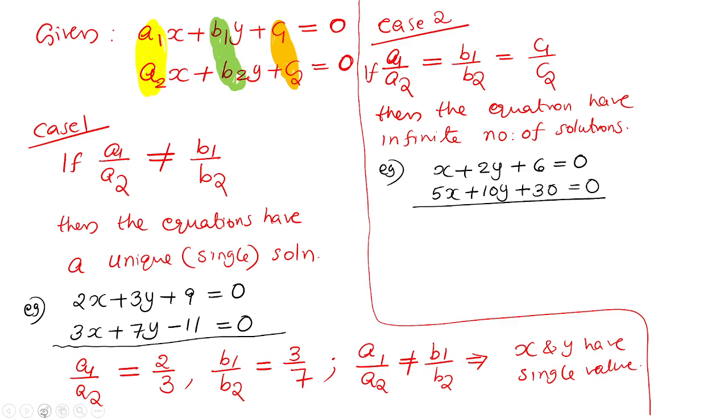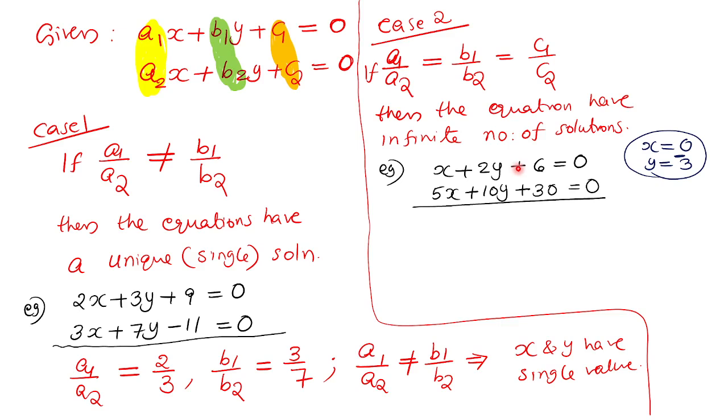For example, x equal to 0 and y equal to minus 3 is one of the solutions. X equal to 0 and y equal to minus 3 is one of the solutions satisfying the two equations. If you have any doubt, you just put x equal to 0 and y equal to minus 3 here.